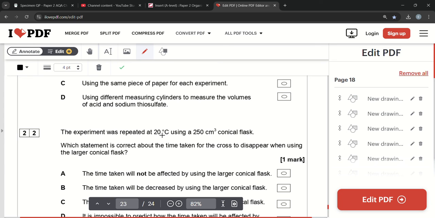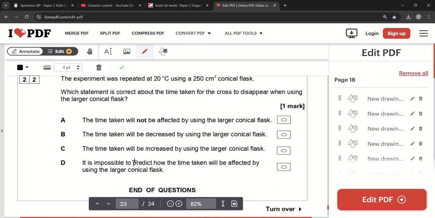The experiment was repeated at 20 degrees Celsius with a 250 cm cubed conical flask. Which statement is correct about the time taken for the cross to disappear when using the larger flask? The time taken will not be affected by using a larger conical flask. The time taken will be decreased by using a larger conical flask. The time taken will be increased by using a larger conical flask. It's possible to predict how the time will be taken. It looks like it's A, right?